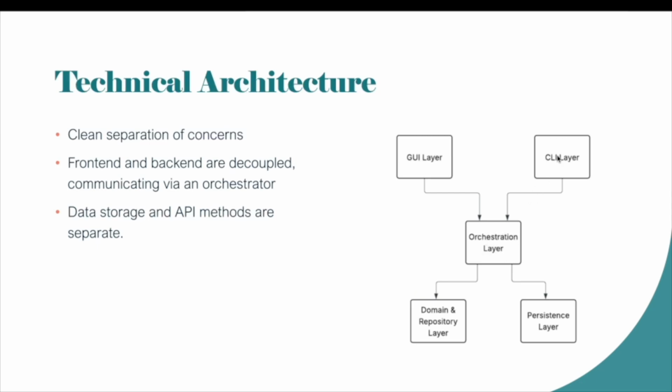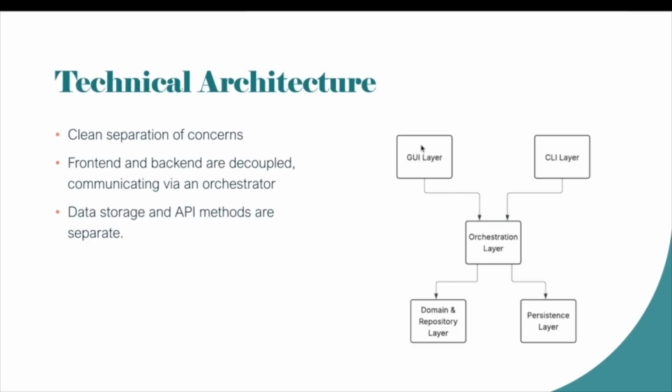This serves to be able to separate how the front end and back end interact, and have one primary way to do this via the orchestrator. The orchestration layer knows the specifics of backend implementation. It connects to the domain repository layer for things like functions, and persistence layer for how we're storing the data.